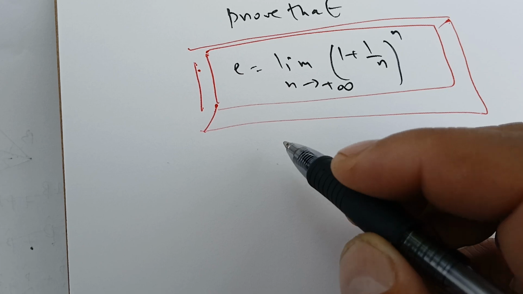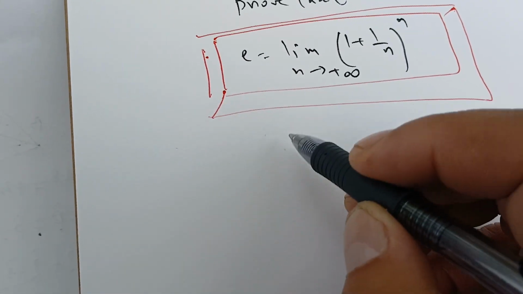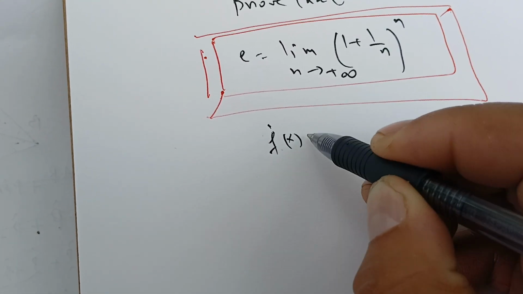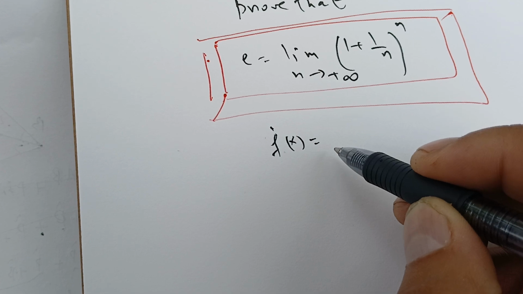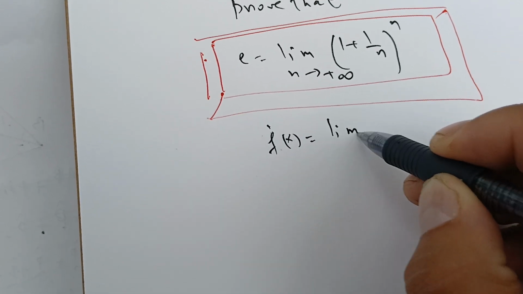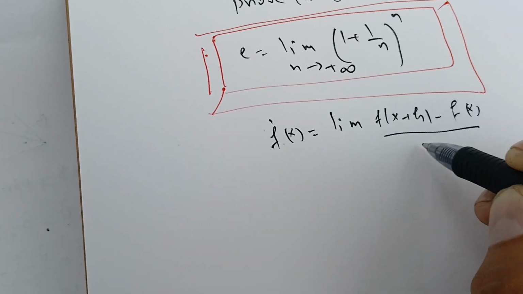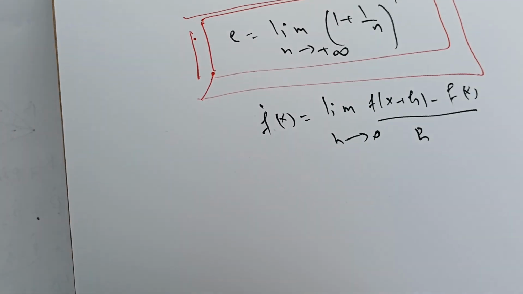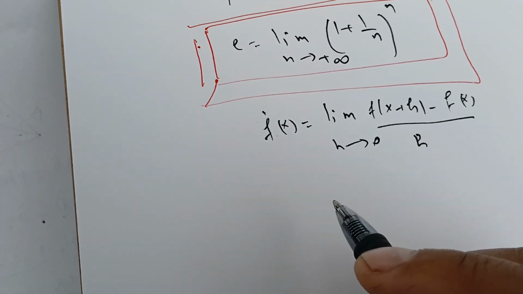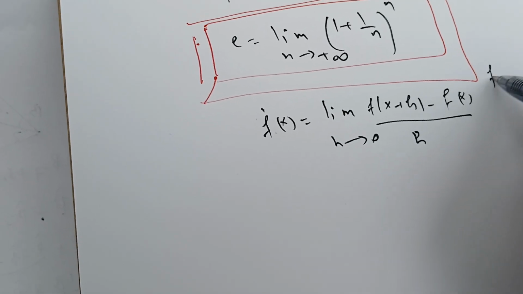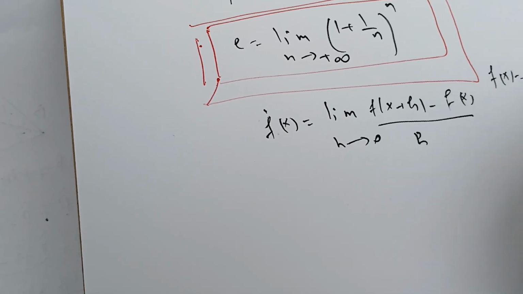So we know that the definition of the derivative of a function at any point x is given by the limit of f of x plus h minus f of x over h as h goes to 0. So we'll take our function f of x to be ln of x.